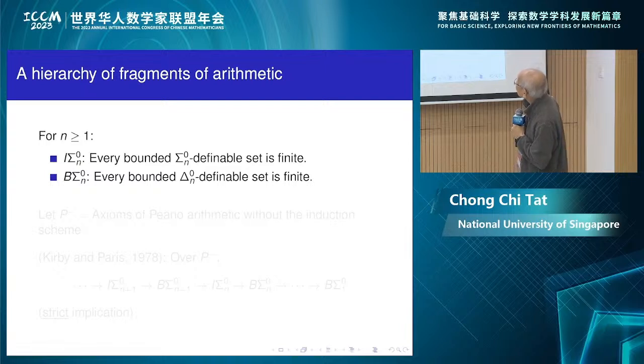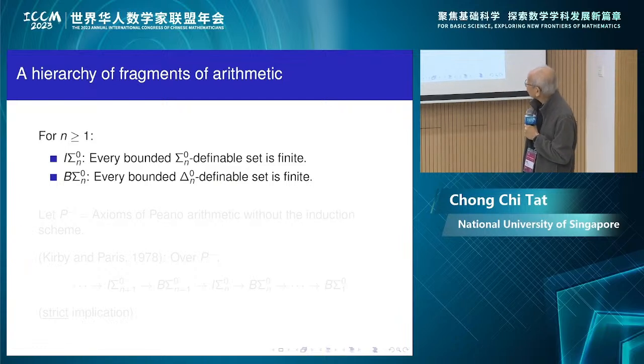Then B sigma n says here that every bounded delta n definable set is finite. Delta n means a set which is definable in both sigma n and pi n. So in both ways it is definable.